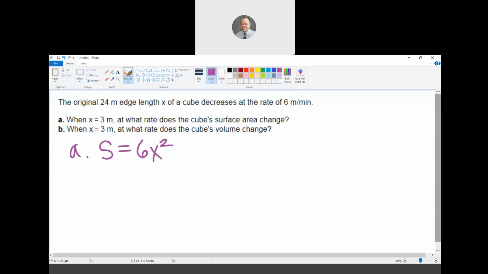Now it says the original edge length decreases at the rate of 6 meters per minute. Because we're taking the derivative with respect to time, this is actually dx dt that we are given. Now, because it's decreasing, that means it's a negative rate, or negative 6 meters per minute.